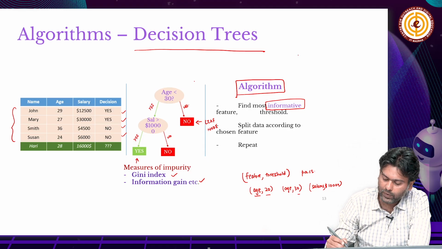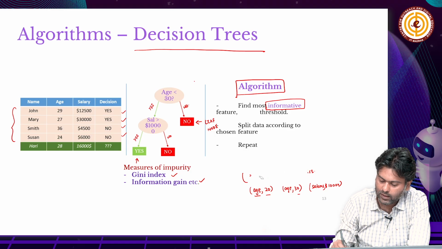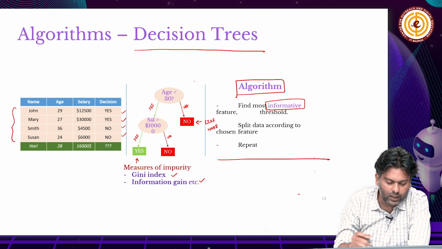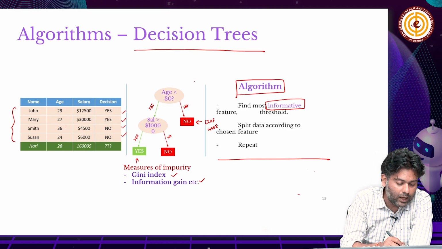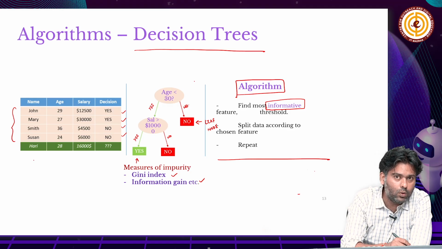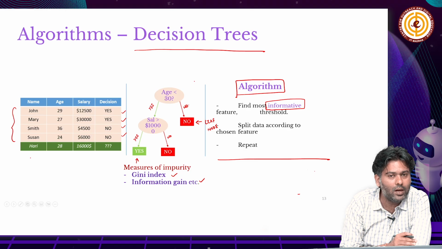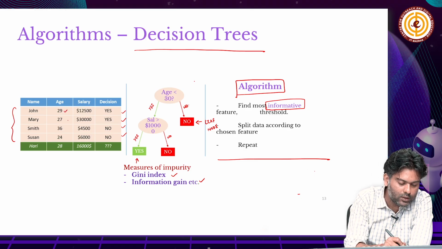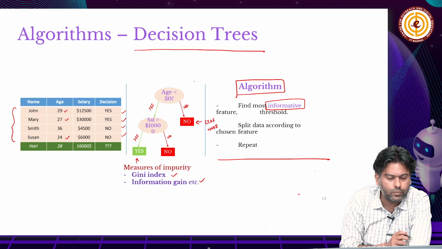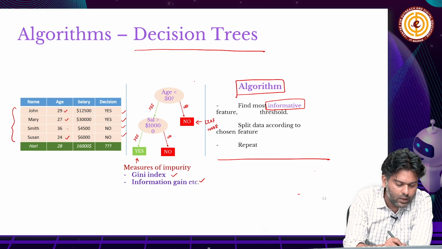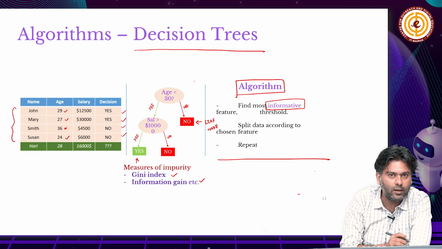So let's say for this particular data set, we ask the question, is age less than 30? Now what is the use of this question, right? So in this data set, is age less than 30? Well, I ask this question to each of my points in my training data. In this case, John, Mary and Susan have age less than 30, whereas Smith has age greater than 30.